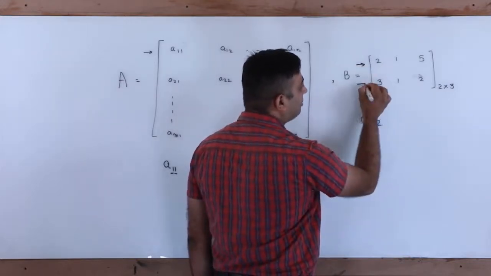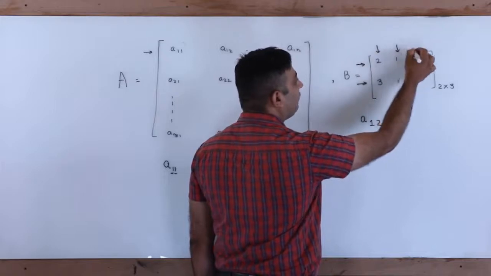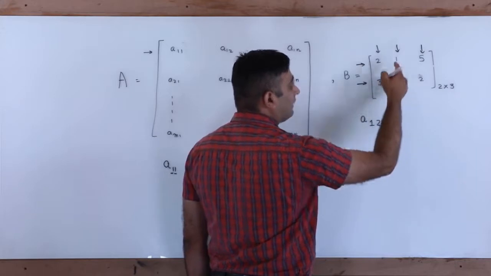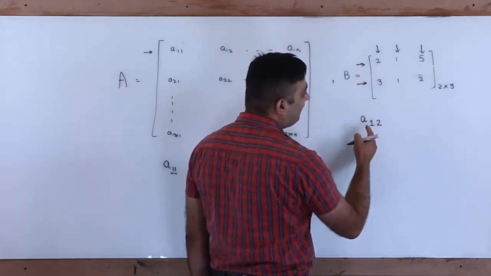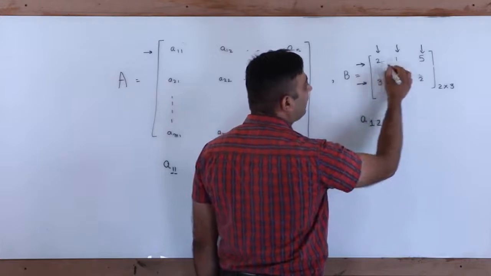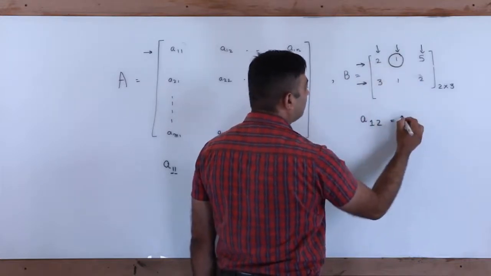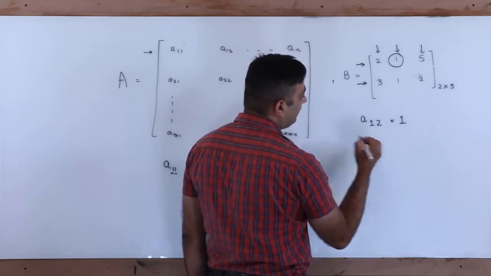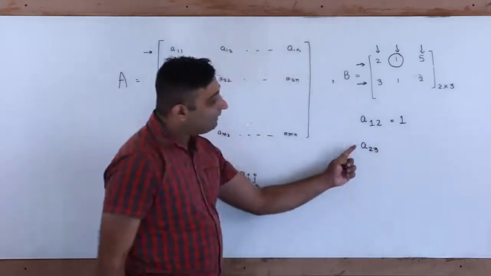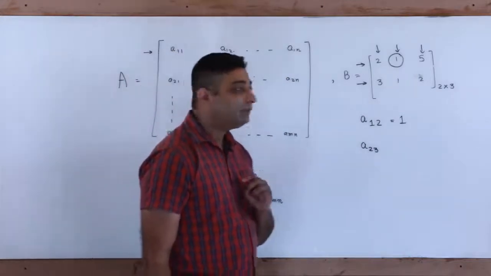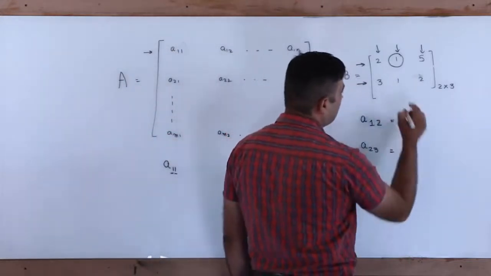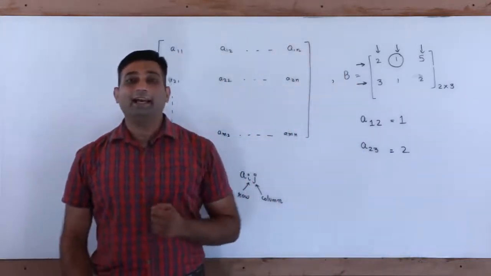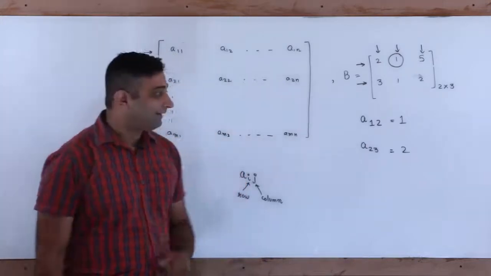This is the first row and this is the first column. This is the second column. Hence, the element of first row and second column is 1. Now let us take some more values. A23. What does this mean? Element of second row and third column. That means it is 2. In this way we can find any element of any matrix.